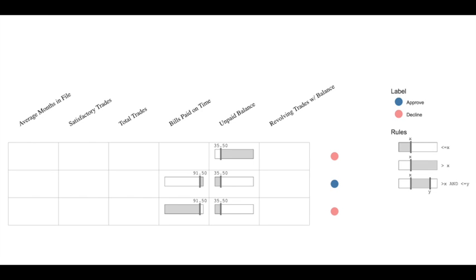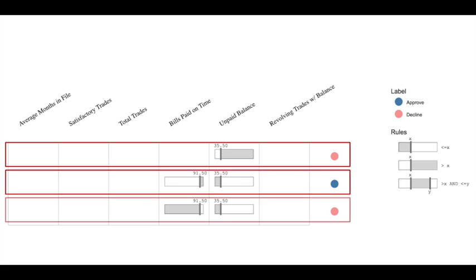One way to describe this process is through the use of a set of rules. Using the credit card application example again. The way the machine learning model makes decisions can be described by the set of rules that you can see here. We have 3 rules in this diagram.